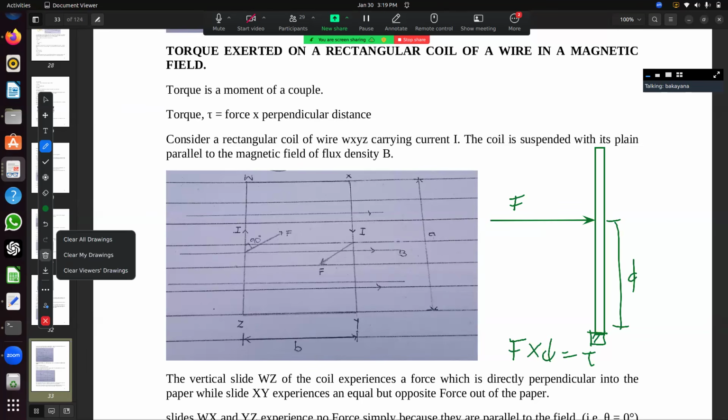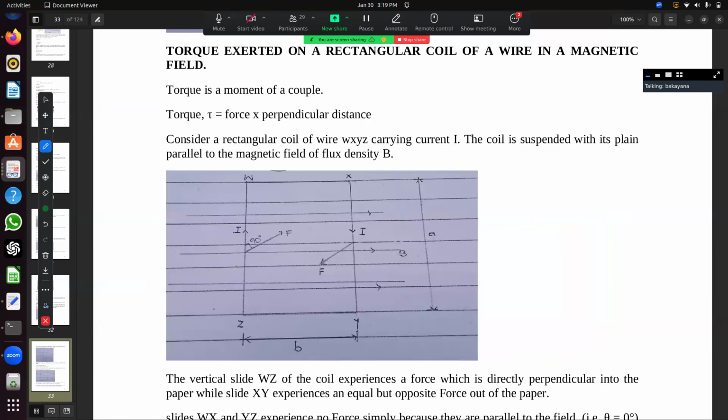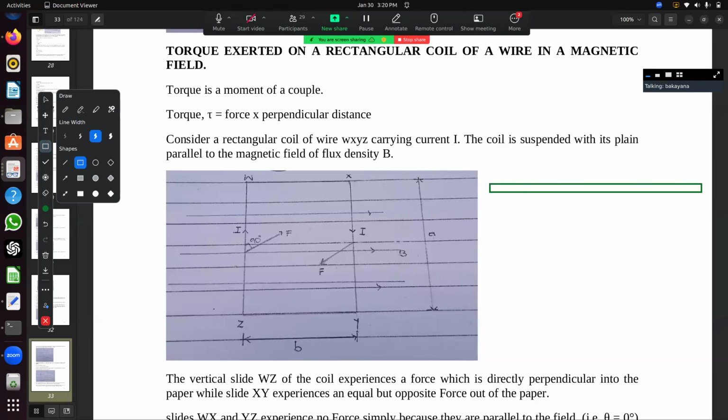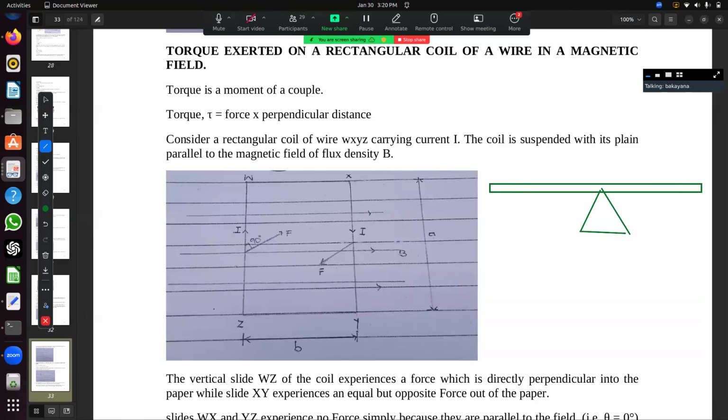But now we are applying the same knowledge here. I know you've come across torque, which is force times perpendicular distance. But in this case, to emphasize more, you must have balanced rods, given a turning point.